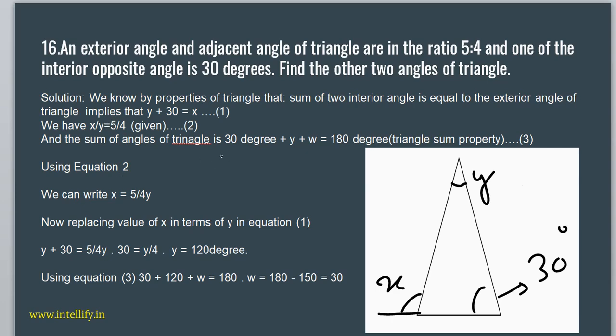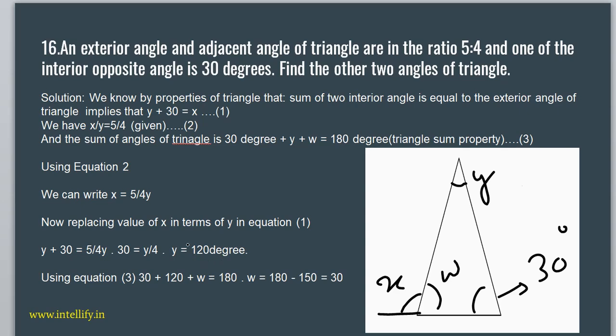And the other thing is that by the sum of angles of a triangle, that is the triangle sum property, 30 plus y plus w equals 180. W is this angle, the other angle which we have to find other than y. Now using equation 2, we can write x as 5/4 y, and replacing x in terms of y in equation 1, we get y equal to 120 degrees.